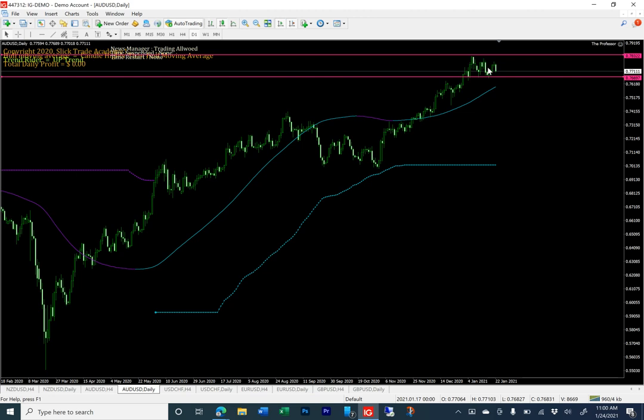Yes, it's still consolidation. If we have a break to the upside, I would definitely trail it every 25 to 50 pips. Keep an eye on the 4-hour time frame and trail your stops, protect your profit.